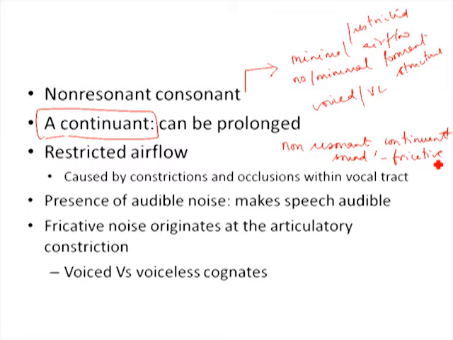If you again go s, that's the presence of audible noise, and this noise makes speech audible. Okay, the fricative noise originates at the articulated constriction. That's why you hear a difference in how those audible noises are. So let's do this again.